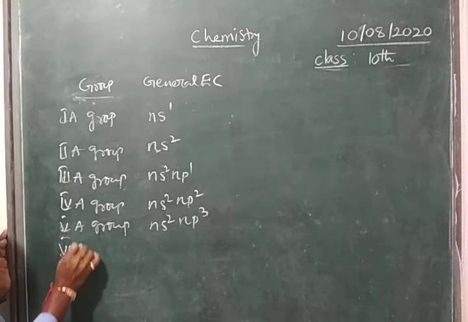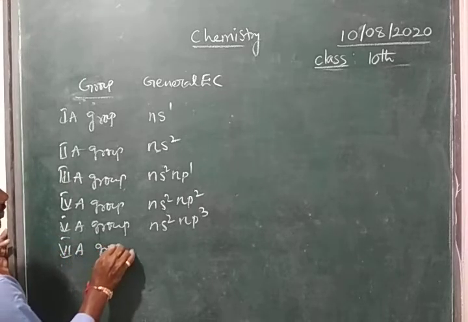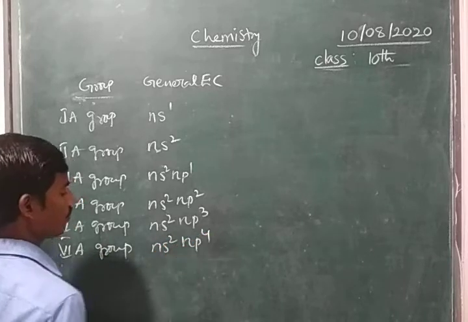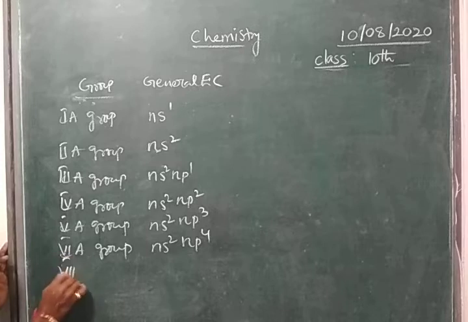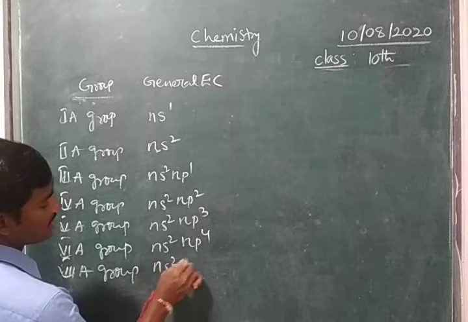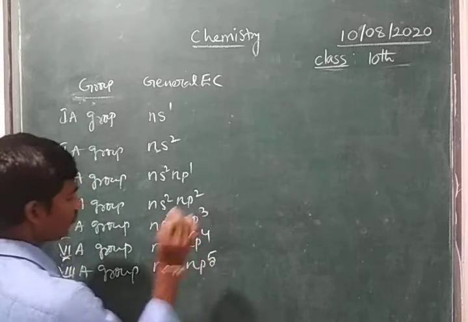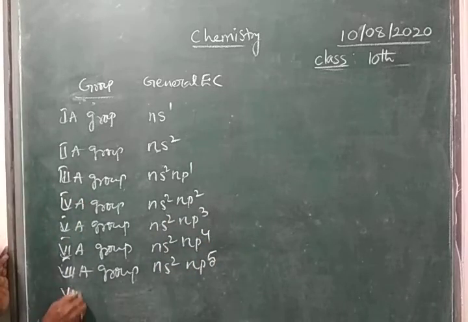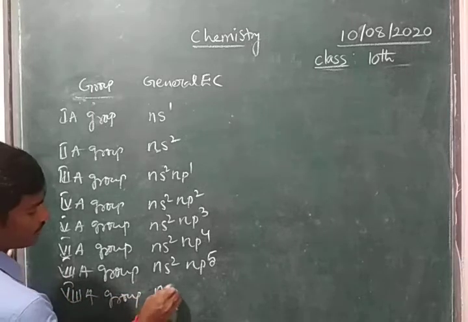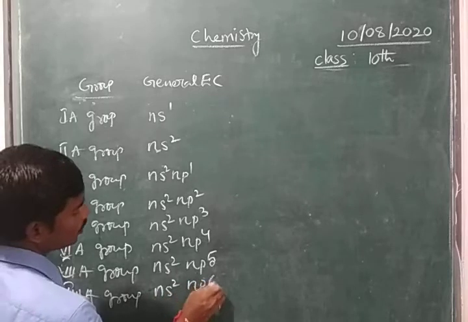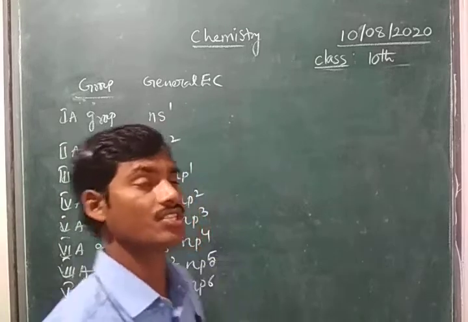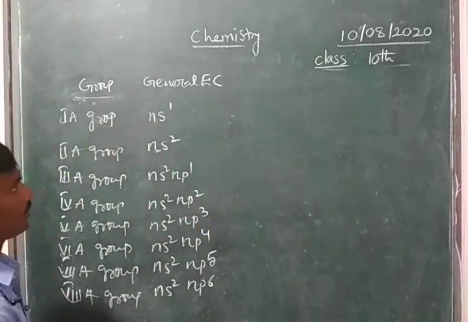And sixth A group, we have to consider as NS2 NP4. And seventh A group, NS2 NP5. And eighth A group, we have to consider as NS2 NP6. These are the general electronic configurations for first A to 8th A group elements.